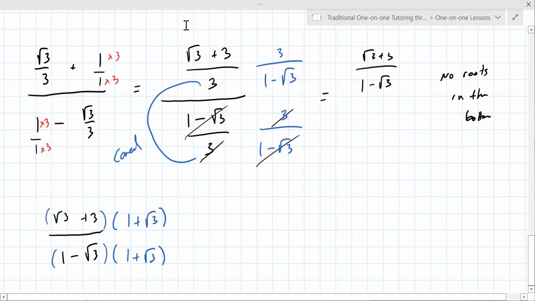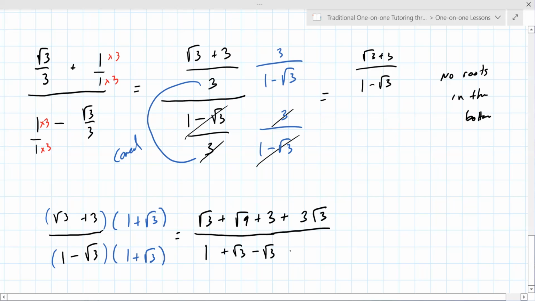So on the top and the bottom, you FOIL. On the top, it's root 3 plus square root of 9 plus 3 plus 3 square root of 3. On the bottom, it's 1 plus root 3 minus root 3 minus the square root of 9.